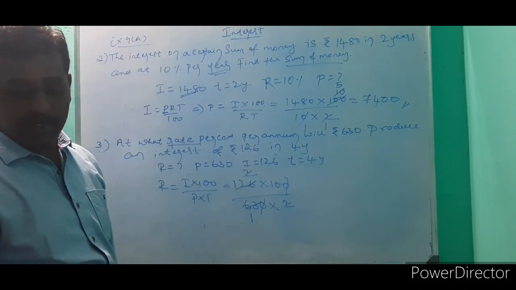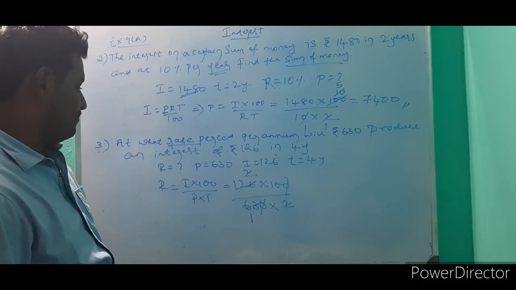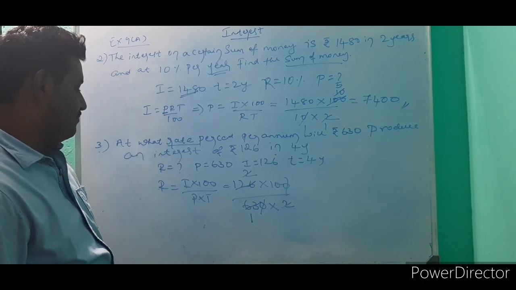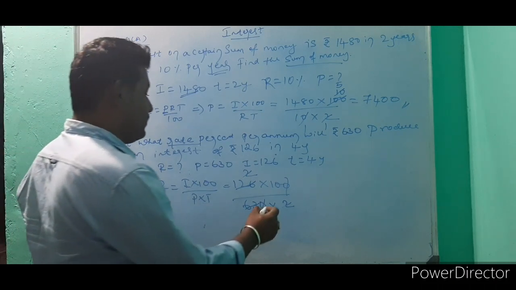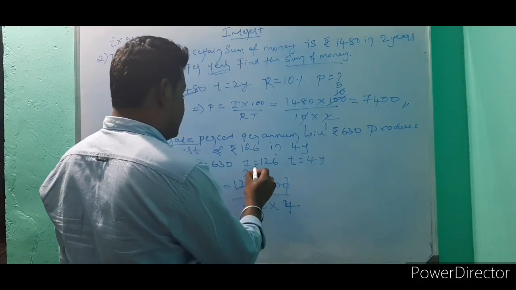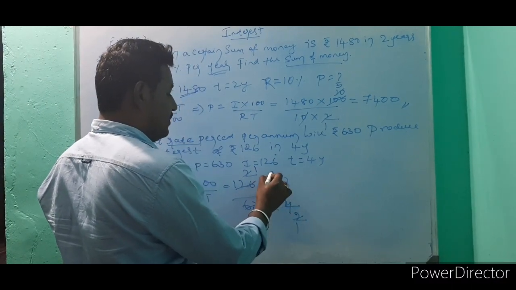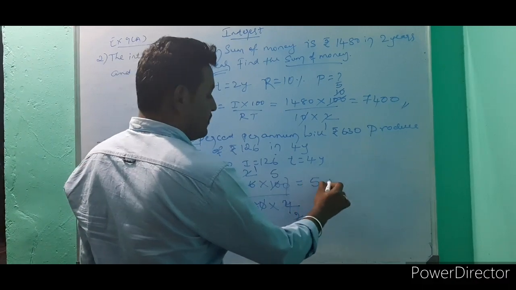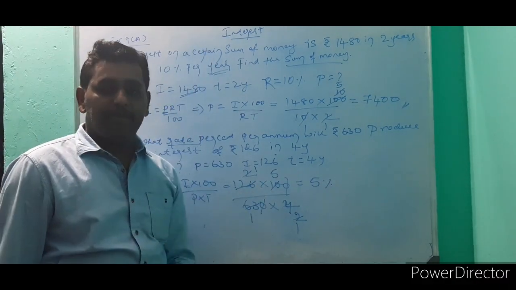What is the rate of percentage here? So time is 4 years, no? Sorry, time is 4 years. 2 ones are 2, 2 twos are 4, again 2 ones are 2, 2 fives are 10. So remaining is 5%. So the rate of percentage is 5%.